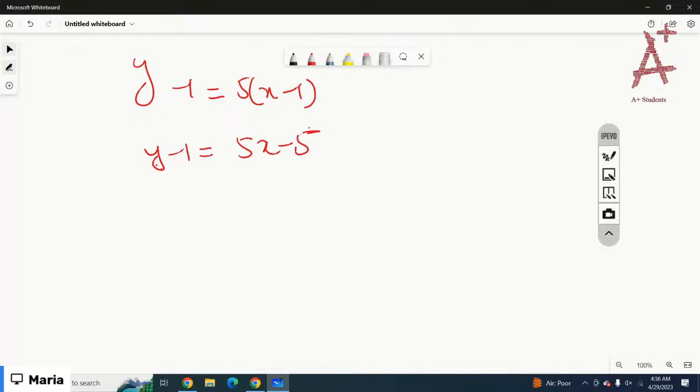Move negative 1 to the other side. It would be y equals 5x minus 5 plus 1. So it is 5x minus 4. So the correct option is y equals 5x minus 4.